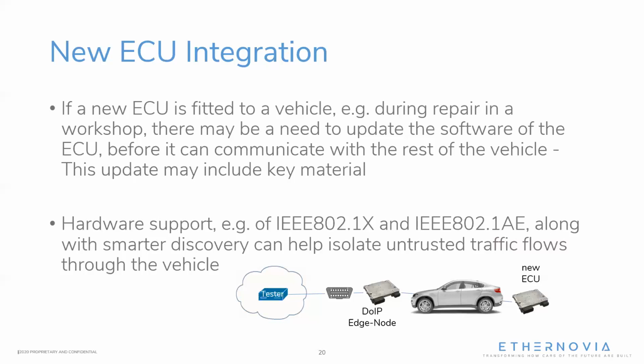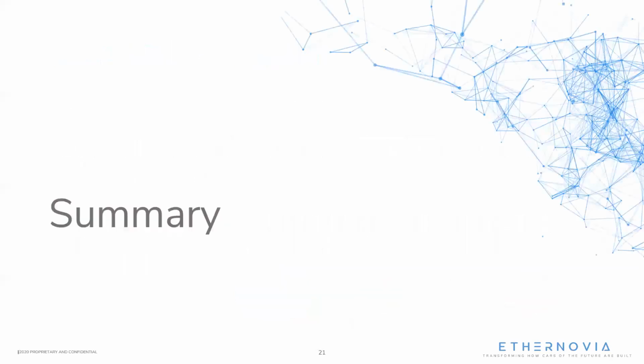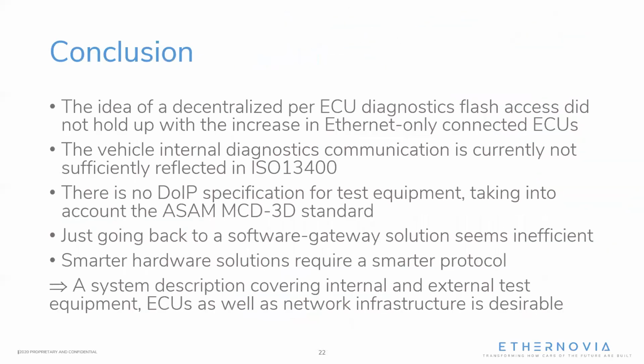Systems like 802.1x and 802.1ae are known in the wider Ethernet world, but I think they need adaptation for the use in the vehicle to be fast enough and to actually fit with the computational requirements that we see within the car. And with that, I want to summarize with a conclusion.